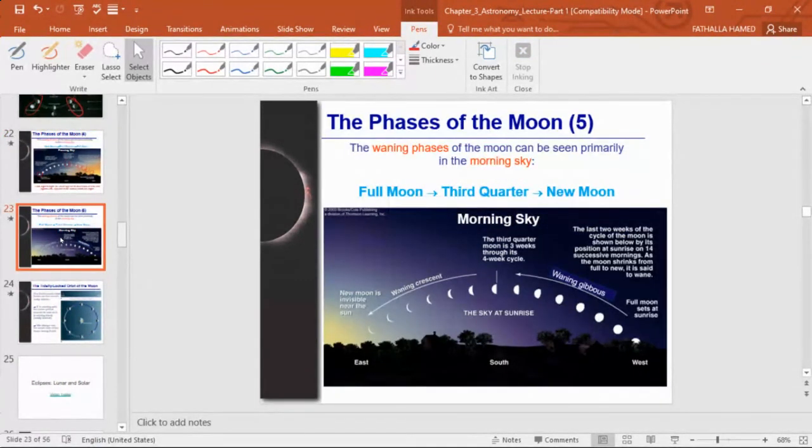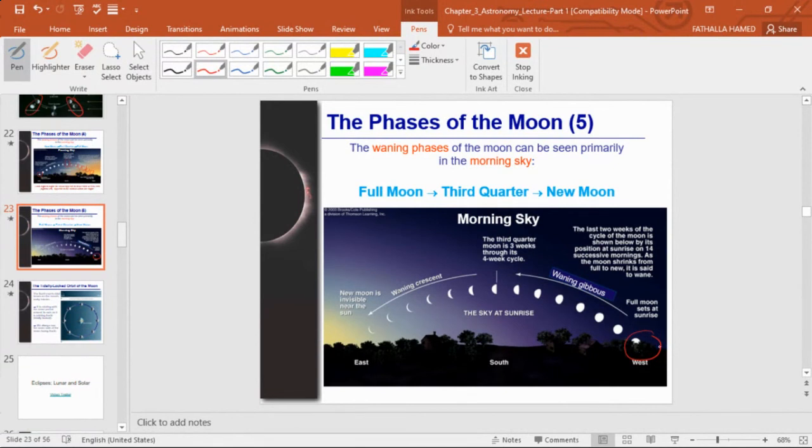During the night or the morning sky, you're going to see 14 phases as well. If we follow the same argument, that means we're going to look in the west. Around sunrise in the west, you're going to see a full moon, because I told you, the full moon rises around sunset, sets around sunrise, and it's at the highest point around midnight.